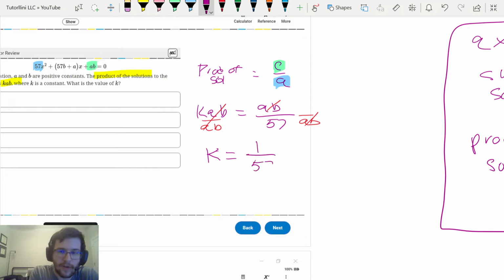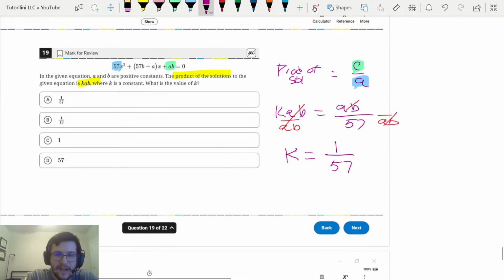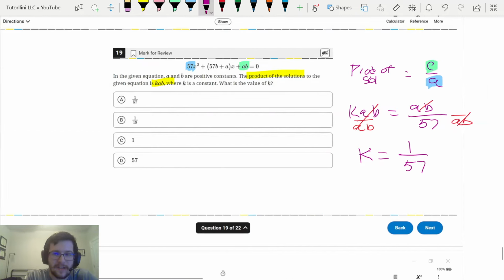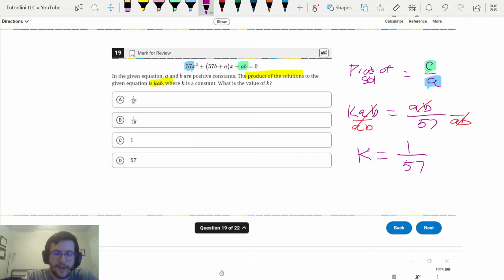It's 1 over 57. Like I can't just be like, hey, 1/2, and then be like, all right, that 2, that's the same, right? No, they're not. They're not the same. 1/2 and 2 are completely different values, right? So if you did all that work and you got 57, man, that stinks. But now you know in the future, don't do that. So whenever you clear a numerator, you have to put a 1.